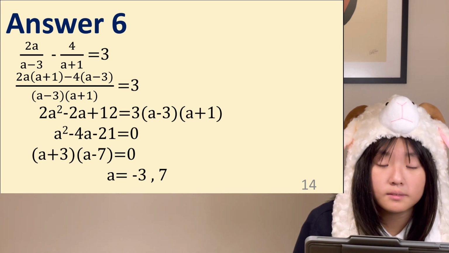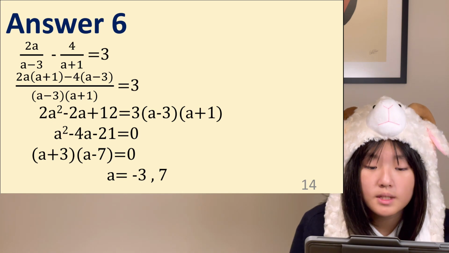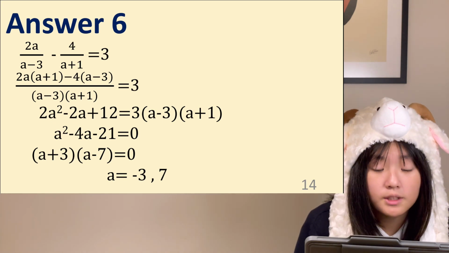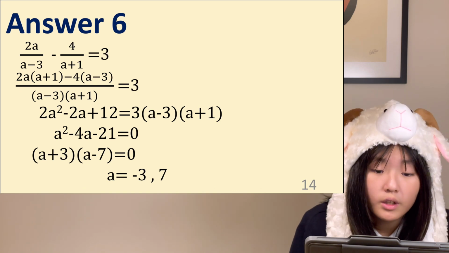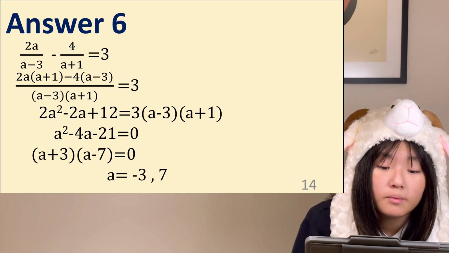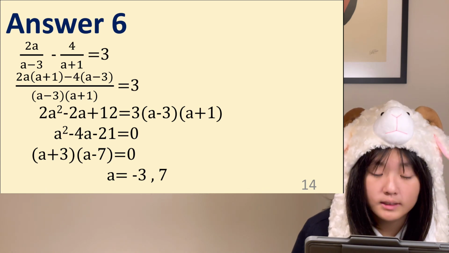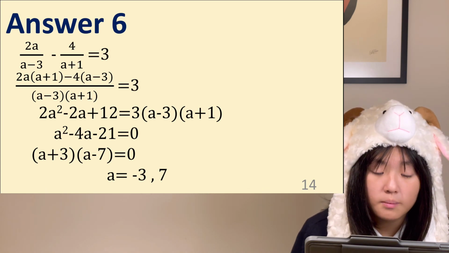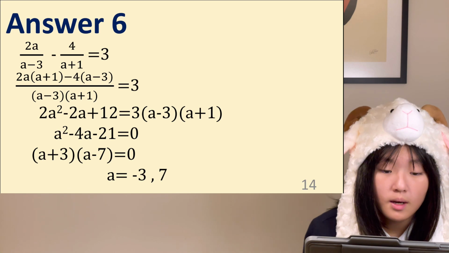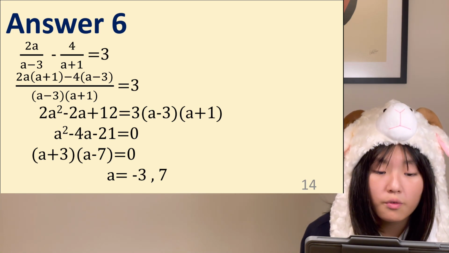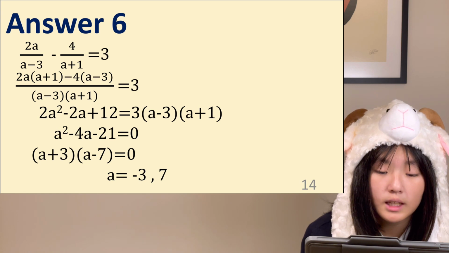And the right-hand fraction becomes 4 times a minus 3 over brackets a minus 3 brackets a plus 1. And when you subtract the fractions from each other, it becomes 2a brackets a plus 1 minus 4 brackets a minus 3 over brackets a minus 3 brackets a plus 1.